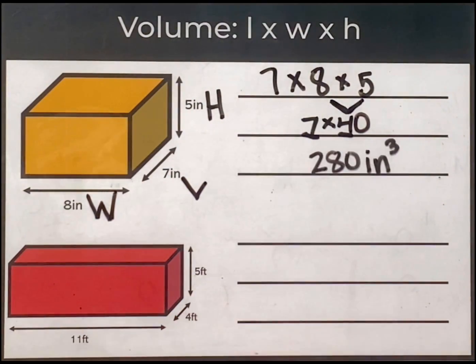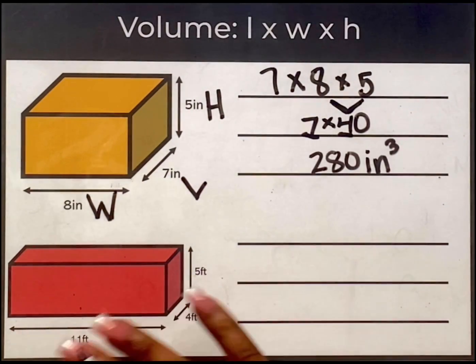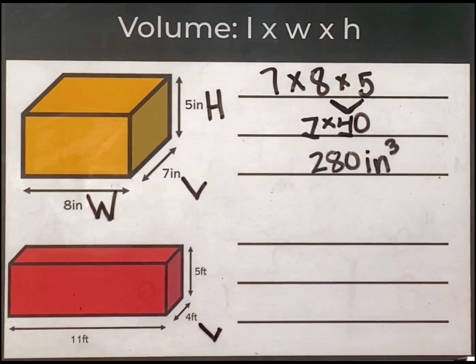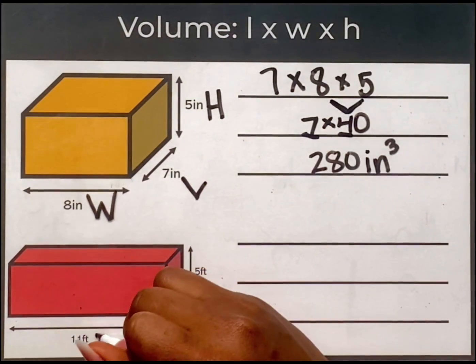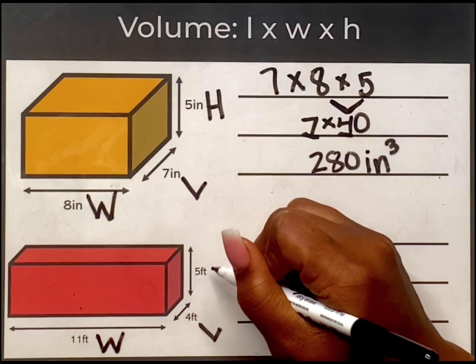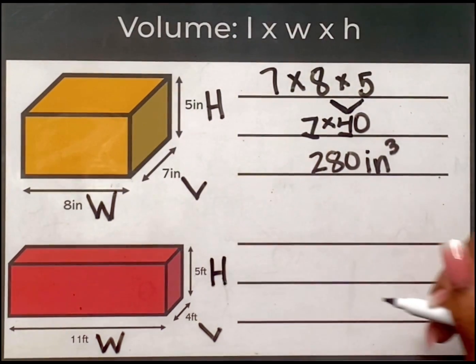Let's try the red one. Identify and label our dimensions. The length is how far it stretches back. The width is how wide it is, which is the 11. And the height is how tall it is, or how many layers up, which is 5.